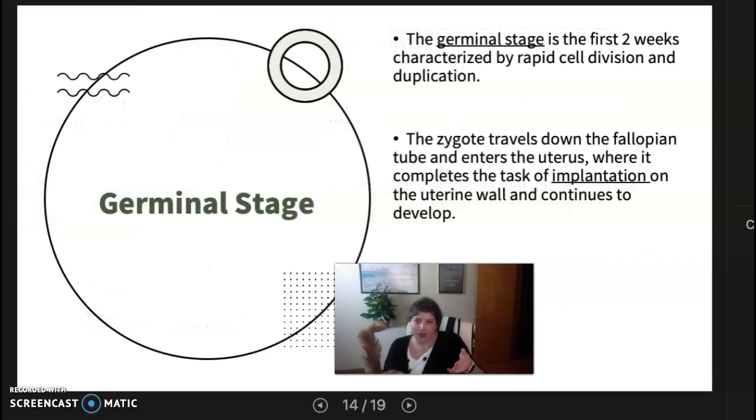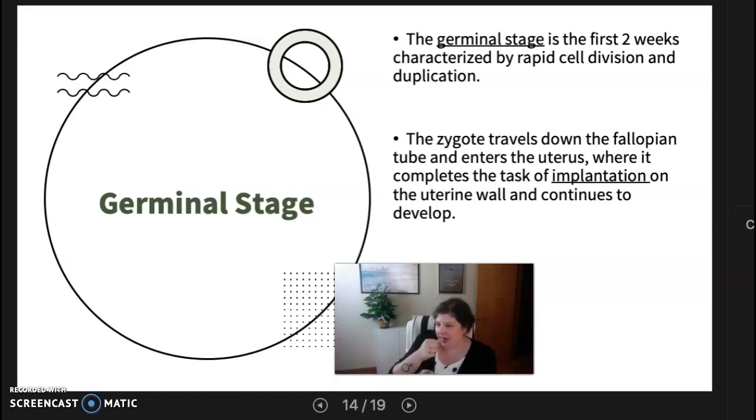The first one is the germinal stage. This is the first 2 weeks, where the cells are dividing rapidly and duplicating themselves. The zygote at this point travels from the fallopian tube into the uterus, and then it tries to implant on the uterine wall.